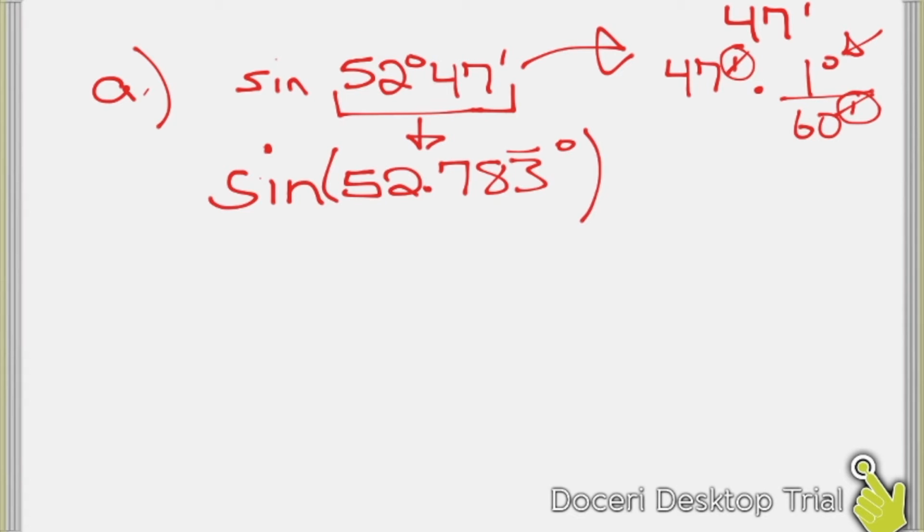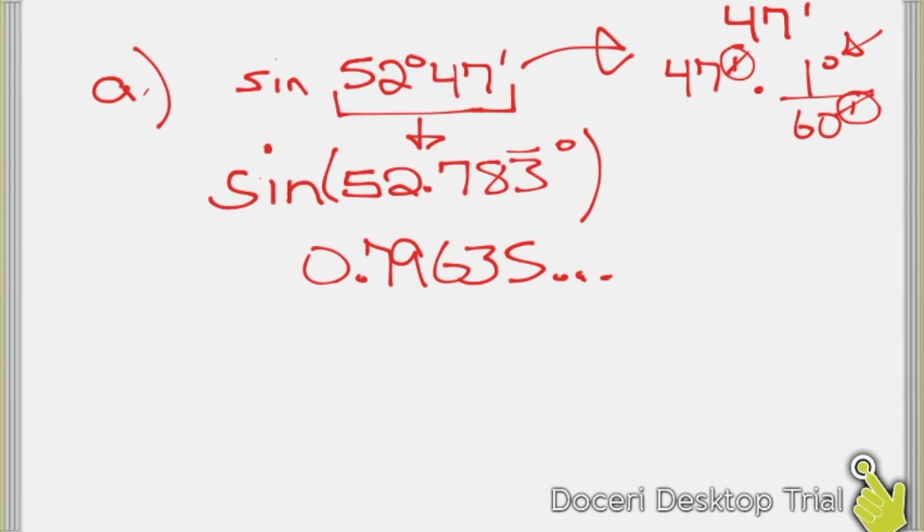Then from there, either if you have a scientific calculator that you can use, or you go to Doceri, just making sure it's in the right mode, it's in degrees, you put that in there, and you're looking at 0.796354, and so on, so on, so on. I don't know if it tells you to round to a certain point, but really 3 or 4 decimal places is fine as far as I'm concerned.